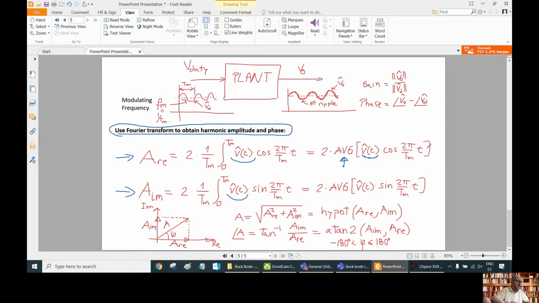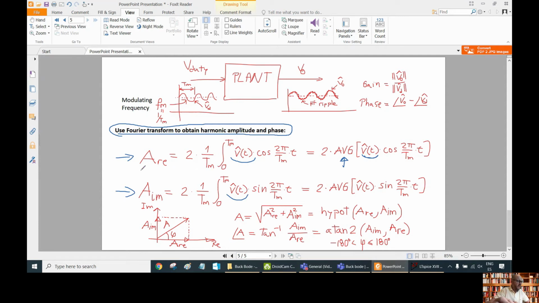It is just as simple as this. We can do the same with the imaginary part of the harmonic. It will be the same integral, but using the sinusoidal function here, and then doing the integral using the average function.